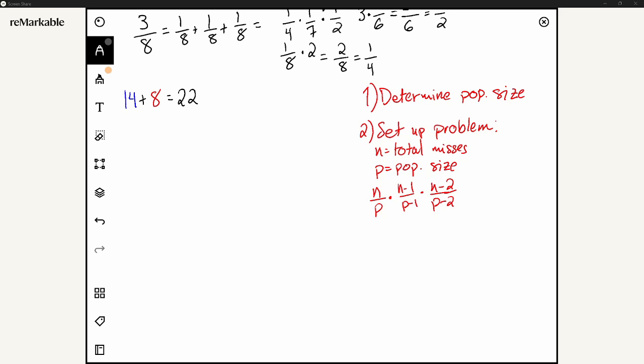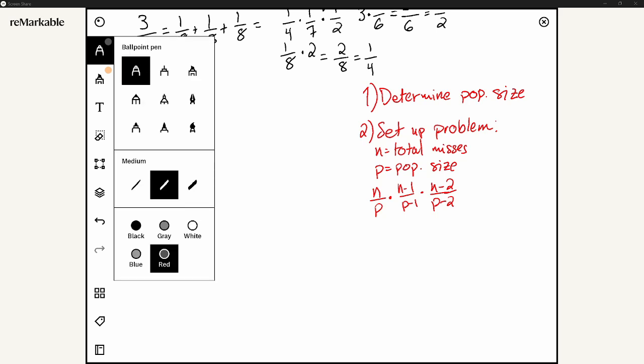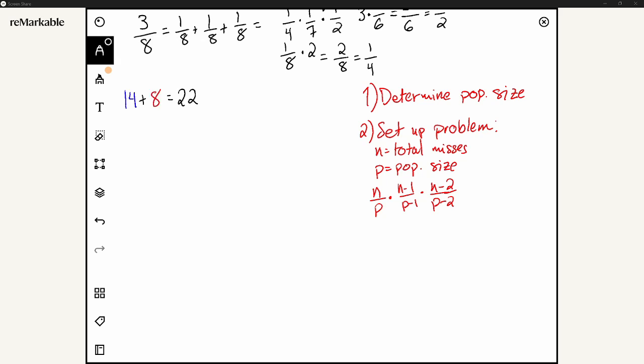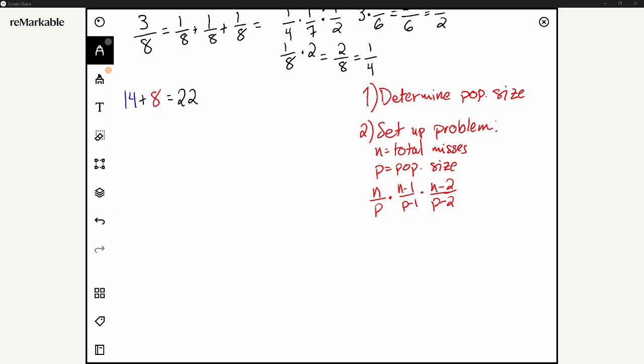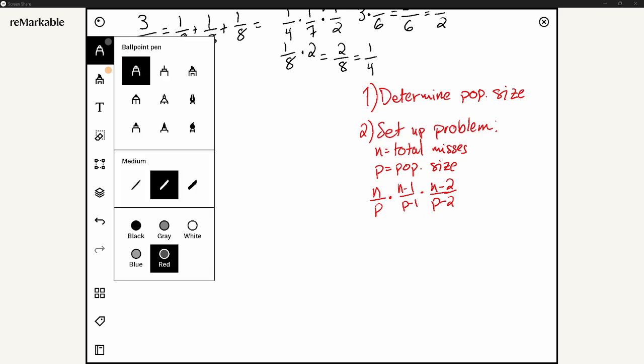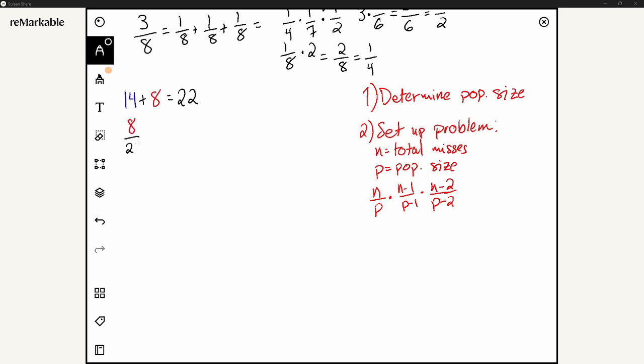There might be something you can do here to make things a little bit easier, but that also requires a significantly higher level of mathematics than I think a number of people want to engage with. So this is the easiest way to go about it. So here we're going to say we have the total number of misses. 8 is our total number of misses, and 22 is our total population size.